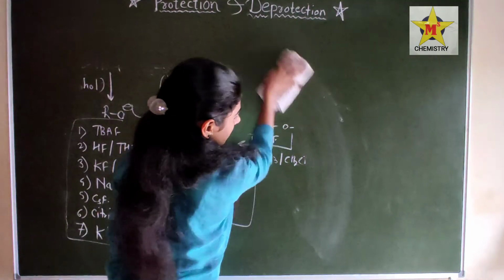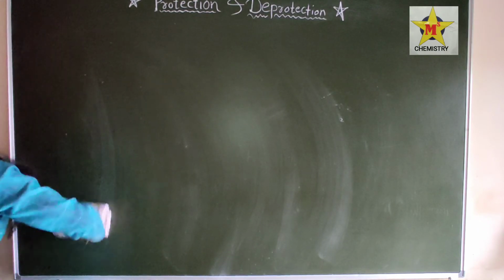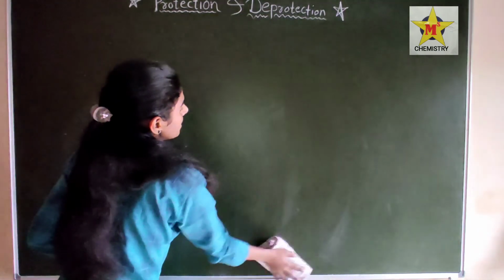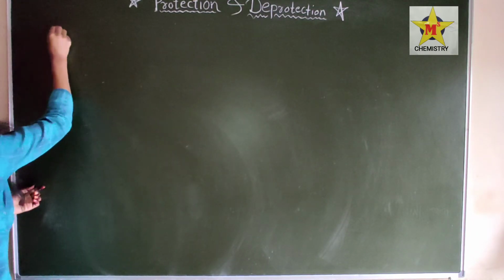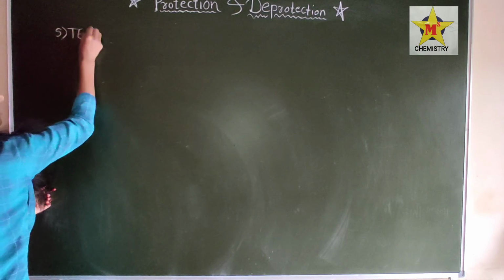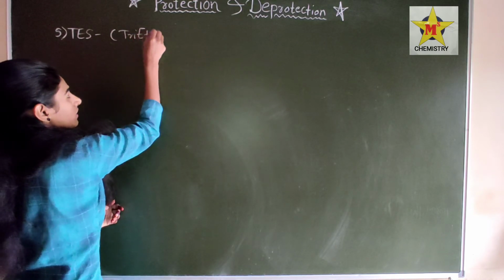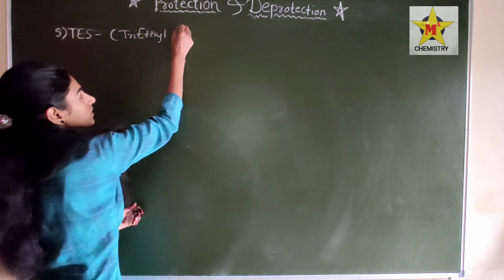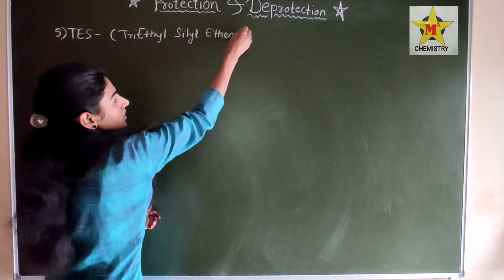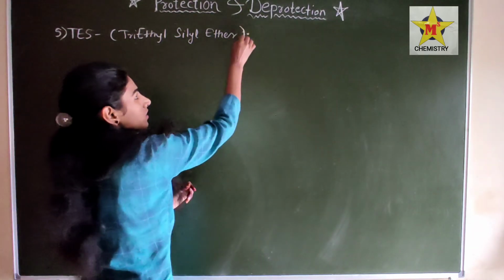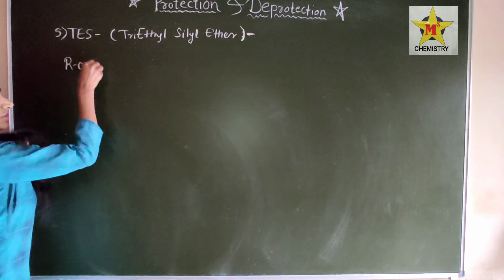Next to that, TES protection, that is triethyl silyl ether. It is also the same as TMS. Fifth one, TES, that is triethyl silyl ether protection, in which there is an alcohol functional group.